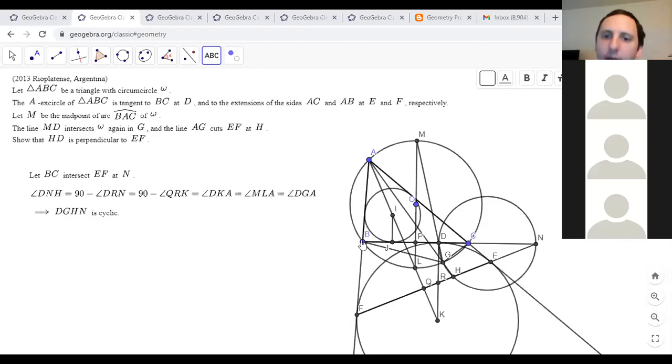So B, C, D, and N are in harmonic conjugation. Feng just wrote that, but how do you prove that other than saying that BE, CF, and AD are concurrent?